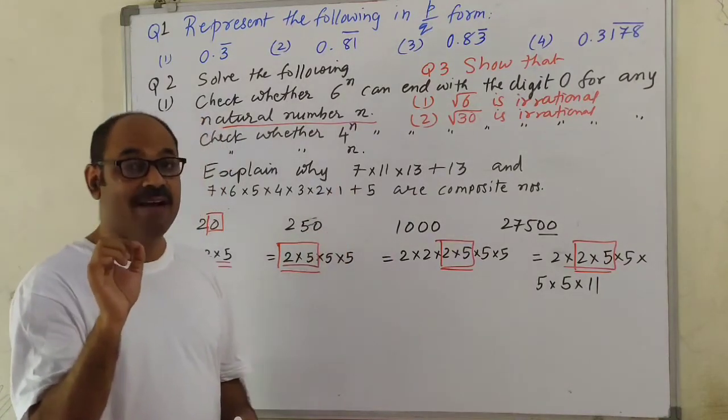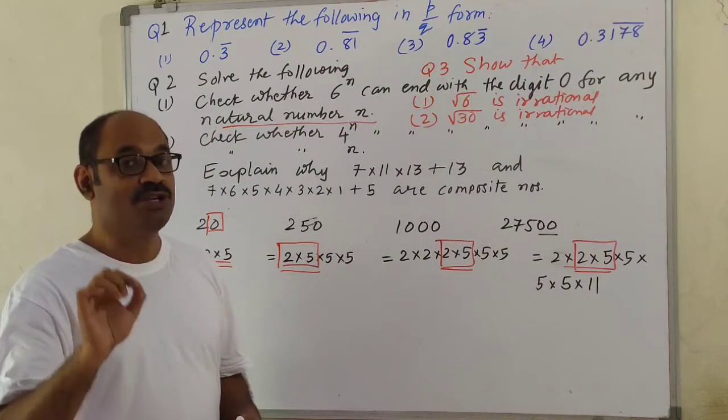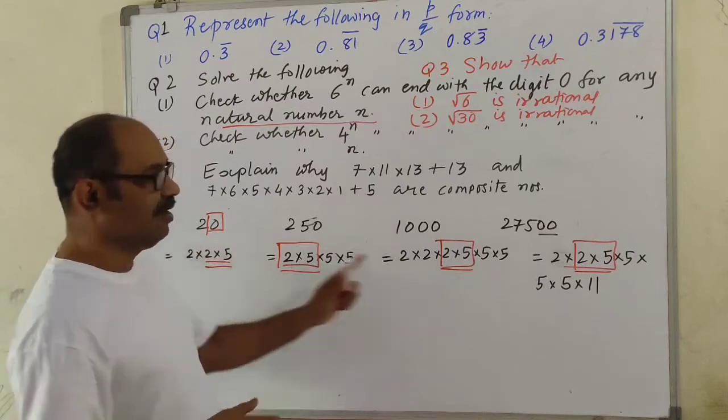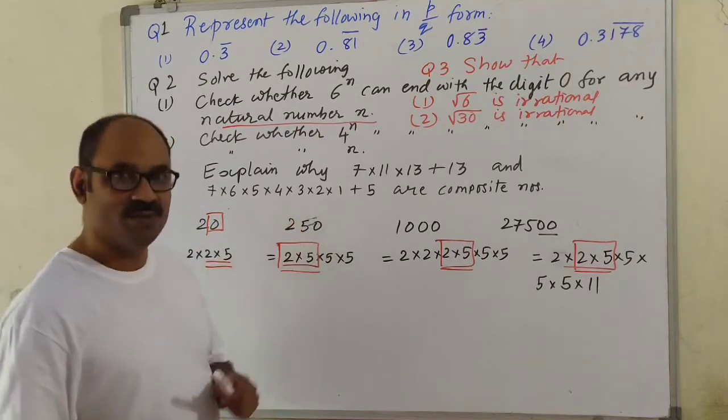But at least one pair of 2 and 5 should exist as its prime factor. We found the prime factors of 20; 2 and 5 make a pair. More is fine, no problem, but at least one pair of 2 and 5 should exist as its prime factor. This is in all these numbers. That's why it ends with 0.